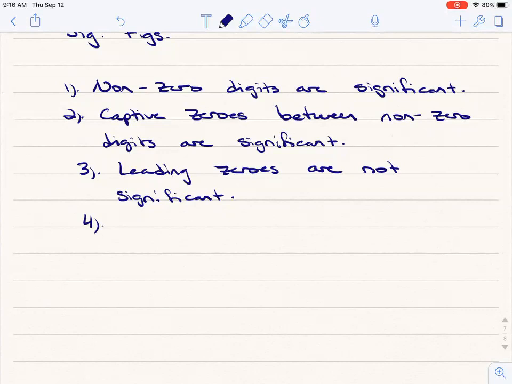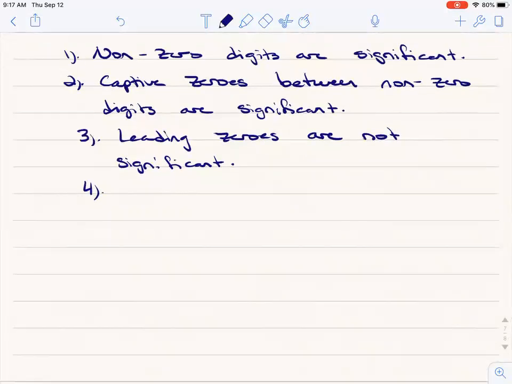Yes. Trailing zeros are not significant if they're at the end of a whole number, right? Because they're not captured by anything, by the decimal. They're significant if they're at the end of a decimal. Right. And okay, good.